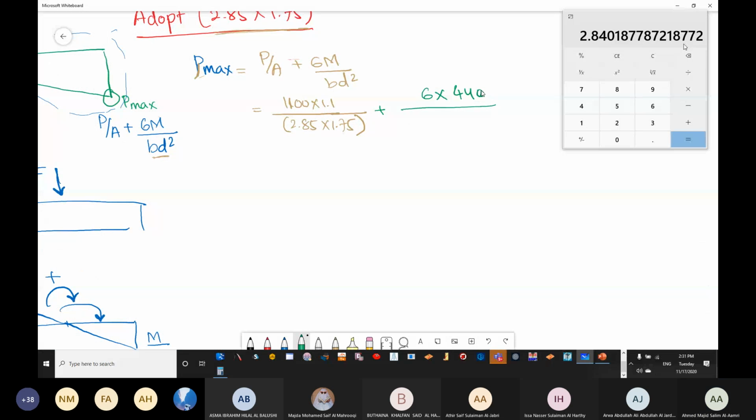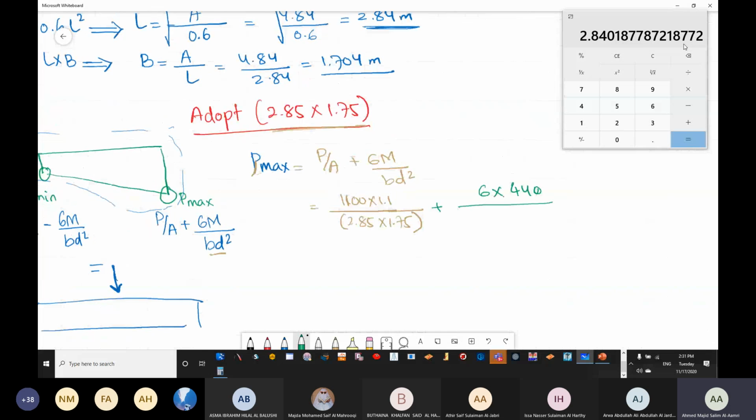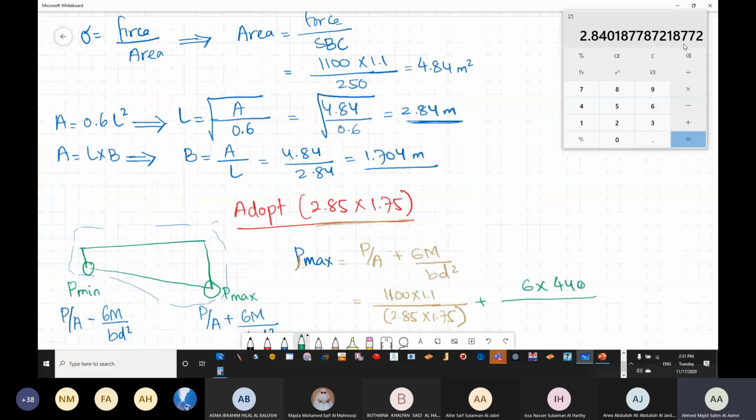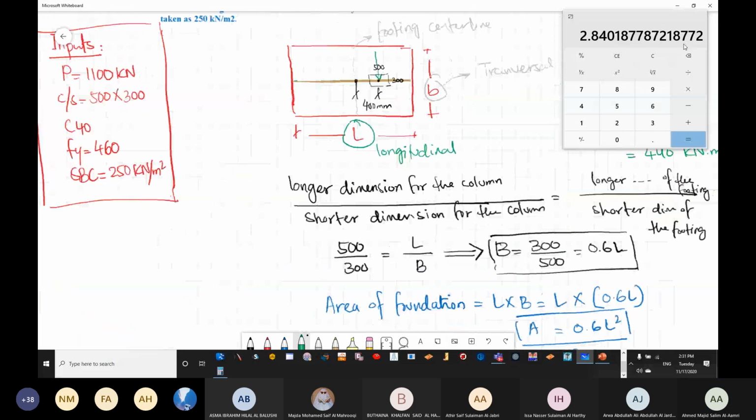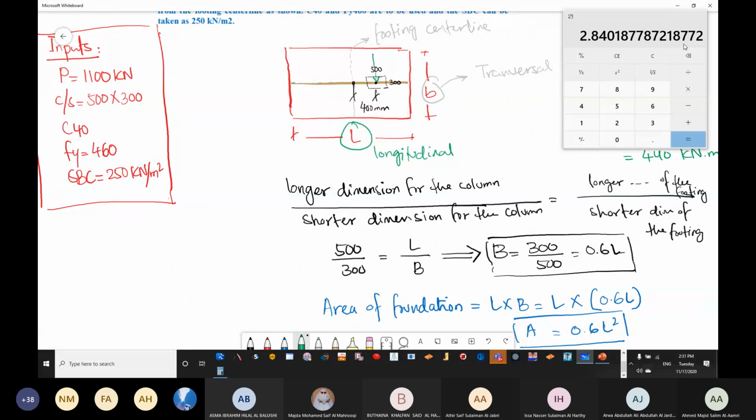440. Now BD square here. Which B and which D? This particular force will be affecting directly your foundation, right? So we have B of the foundation and we have D of the foundation. So this is going to be your B capital, and this is going to be your D capital.